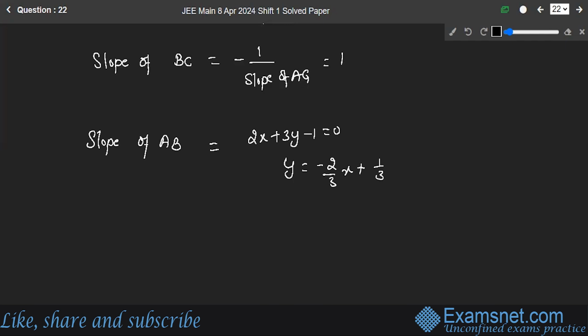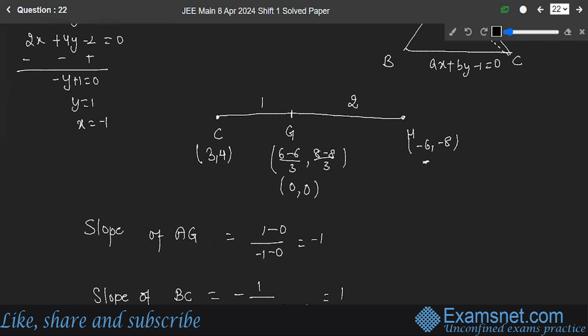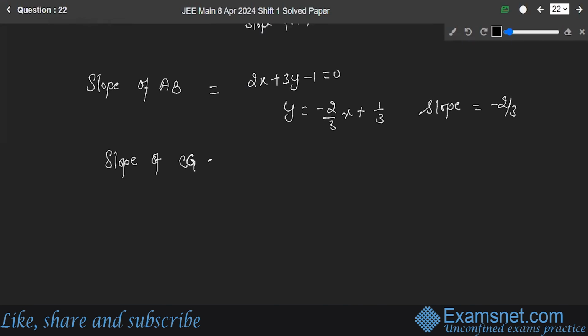So the slope is minus 2 by 3. Slope of CG, it was CG, right? CG is perpendicular to the AB line because G is the orthocenter. So slope of CG will be minus 1 upon slope of AB, which will give you 3 by 2. I got the slope of CG, correct?